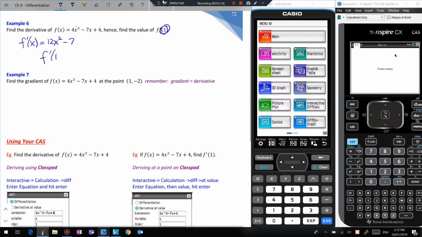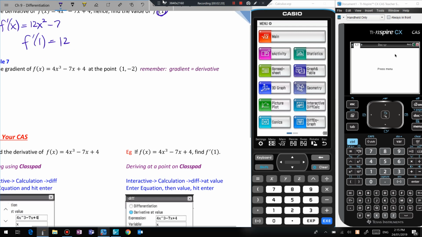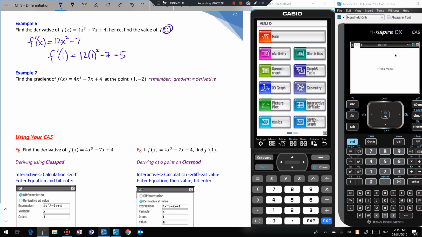So f dash of 1 is the gradient at the point 1. So we're going to get 12 times 1 squared minus 7, which is 5. So the gradient of that curve when x equals 1 is 5.